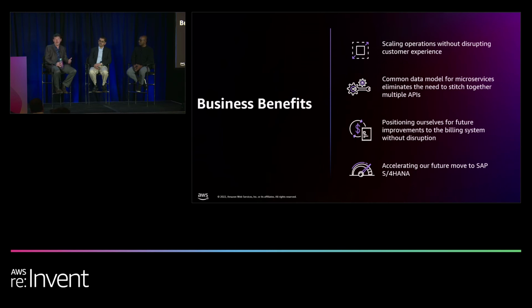The last one too, and it's actually important now for a lot of us making the S4 journey. This had to happen in order for us to be able to make that transition to S4. Both in terms of downtime and availability, that S4 migration and cutover has significant business downtime impacts, so we had to have this abstraction in place.